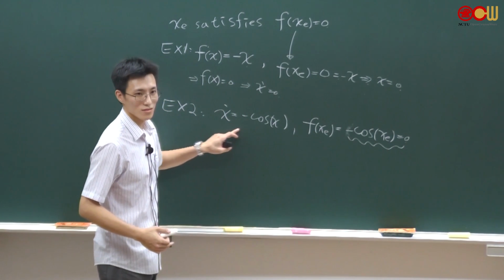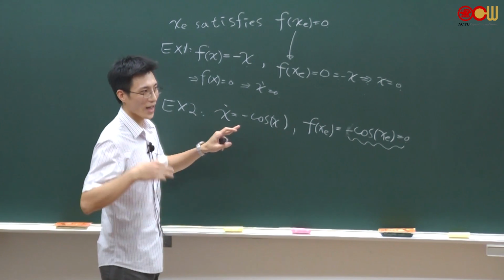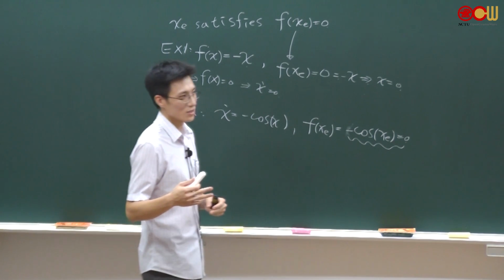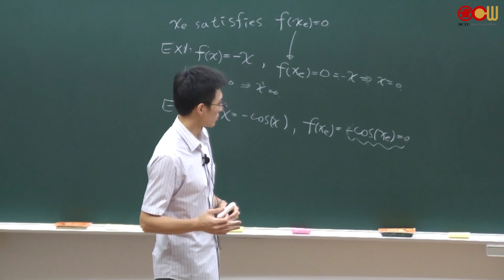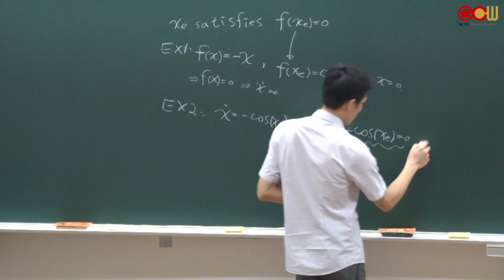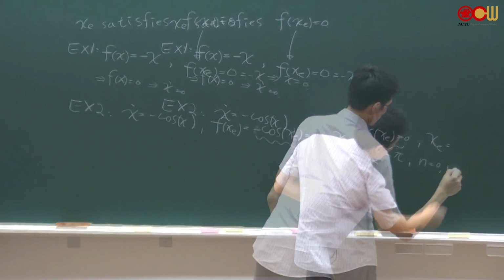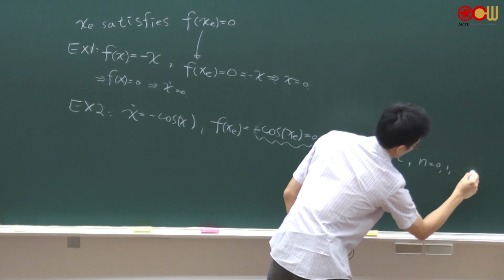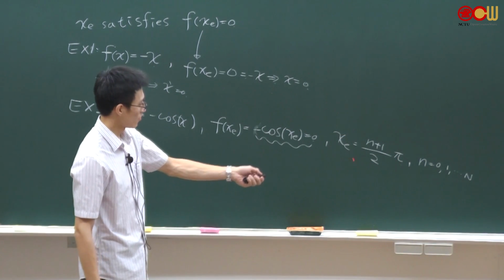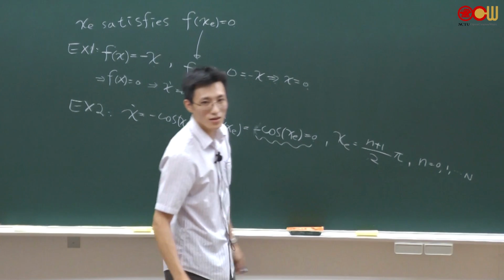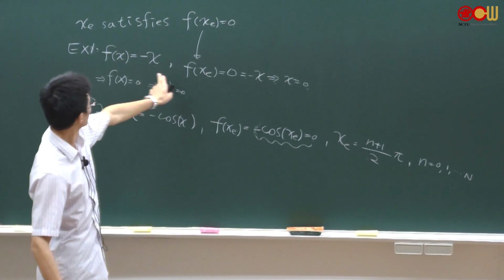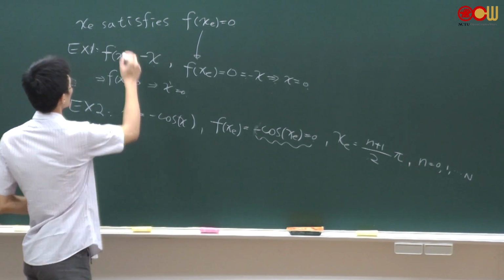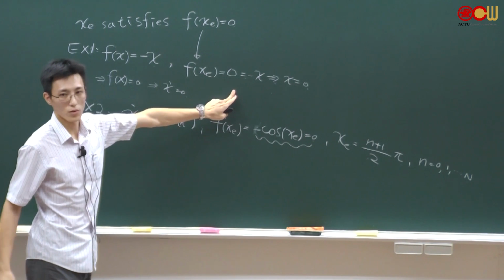It's a nonlinear ODE, so you can expect to obtain multiple equilibrium points, right? So what is xe? You have multiple equilibrium points. The first one is a linear system, so it has only one equilibrium point.